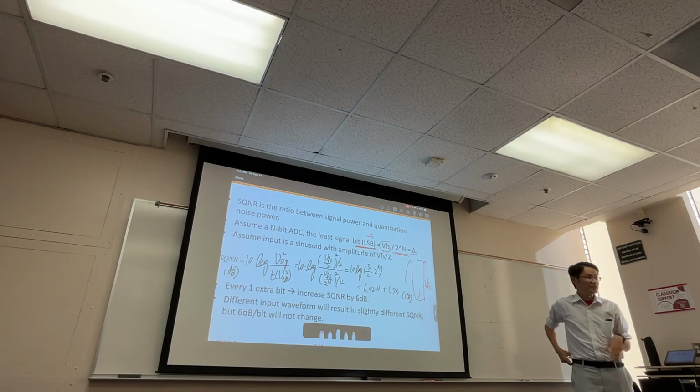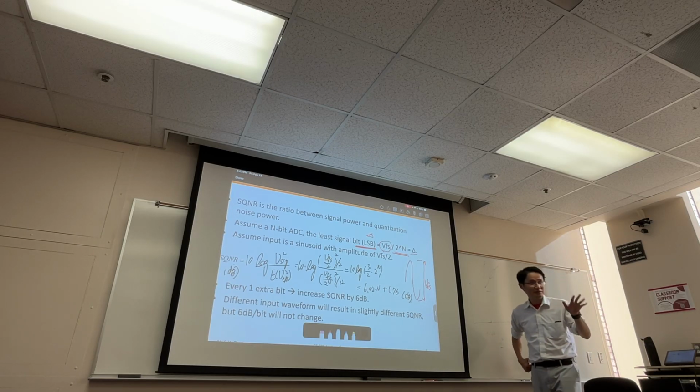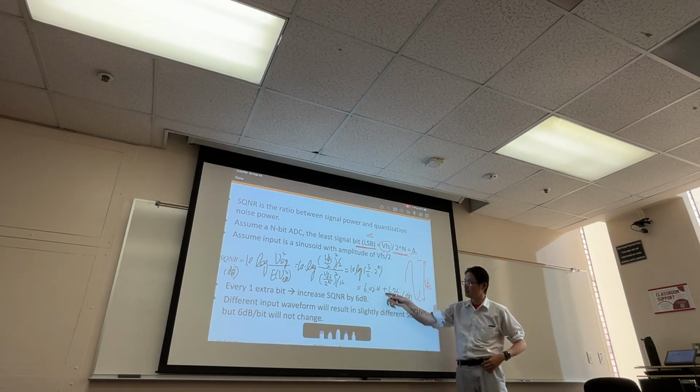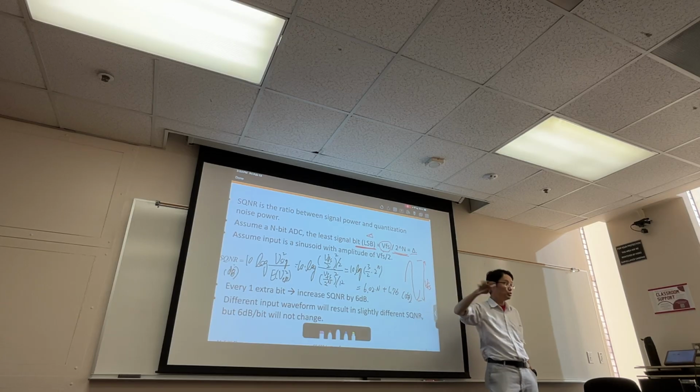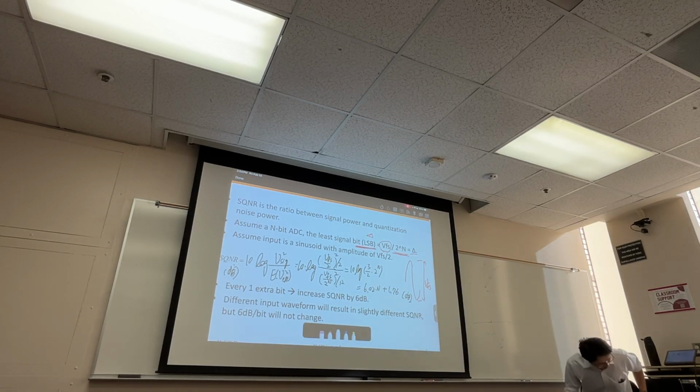Then some of the engineers, when they say, oh yeah, I improved the SNR by 3 dB, you know what they tell you? They say, I just improved half a bit. So in the future, if you hear somebody say they improved by half a bit, then you know that's what they meant. They just improved the SNR by 3 dB. That's the jargon that people use in our field.